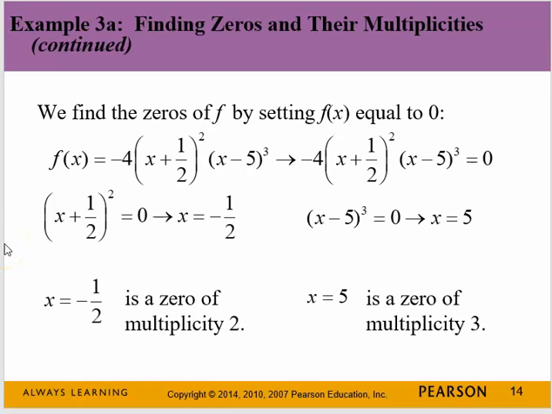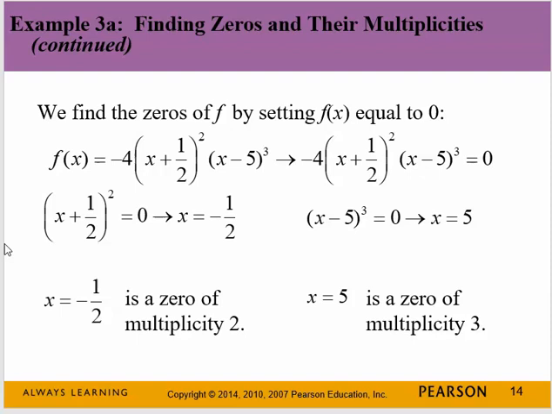So again, we're separating them into their factors, and we take the square root of this side. We just get x plus 1/2 equals 0, and then transpose the 1/2 to the other side. So one of our zeros, remember, since it's squared, this has two values, both the same. So this shows multiplicity at negative 1/2.